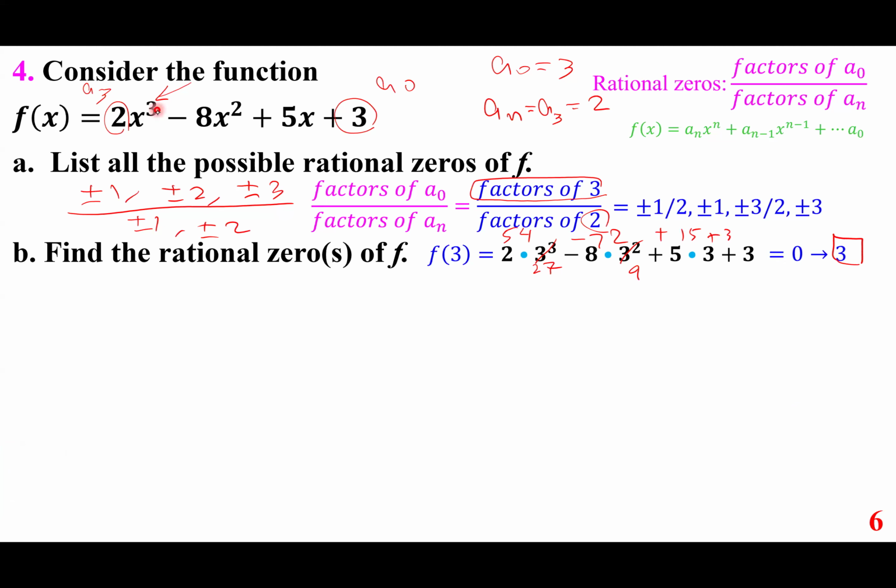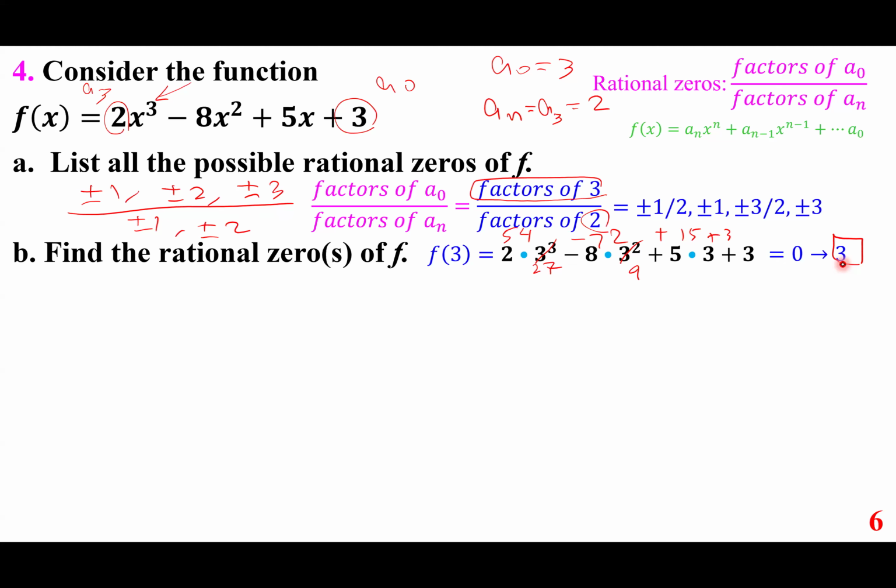And because this is degree 3, 1 is good enough, because if 3 is a 0, that means this function is divisible by x minus 3. So if we divide by x minus 3, it becomes of degree 2, and then we can either factor it or use the quadratic formula to find the rest of it.